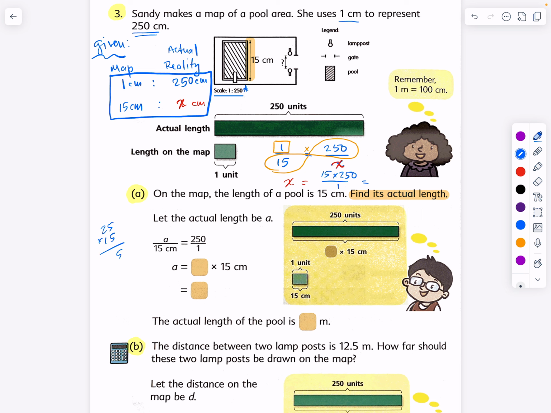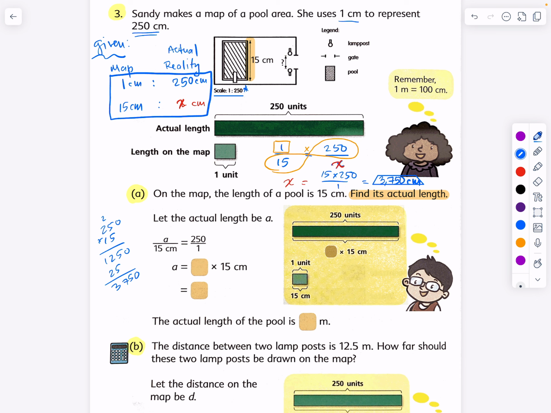So we have 5, 2, 125, which I should have known, plus 25 is 5, 7, and of course we have a 0. So the answer is 3,750 centimeters long. That is the length of the pool.